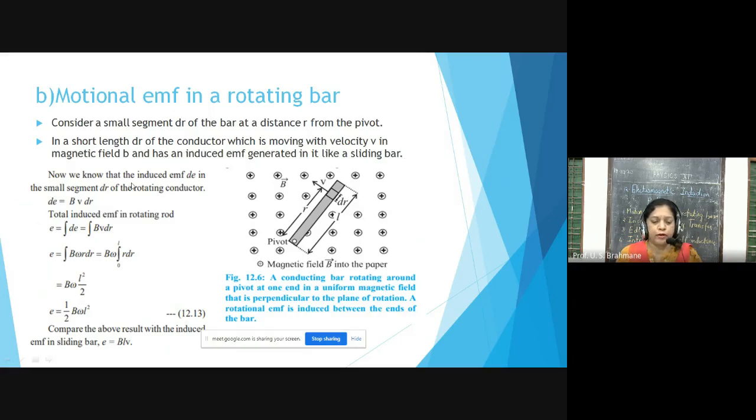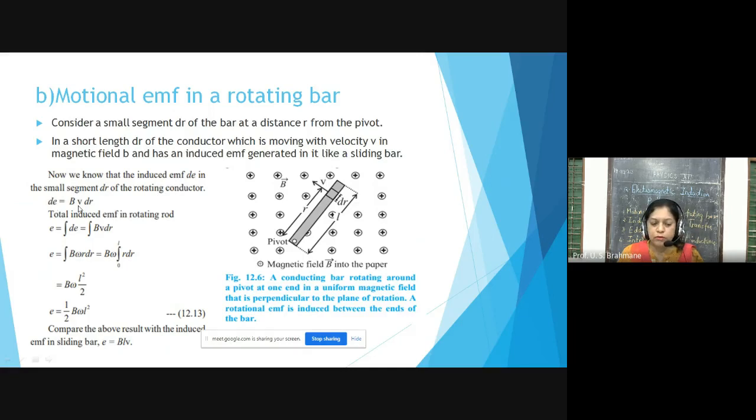Now we know the induced EMF dE in the small segment dr of the rotating conductor. In the previous equations for translation motion, E is equal to BLV.